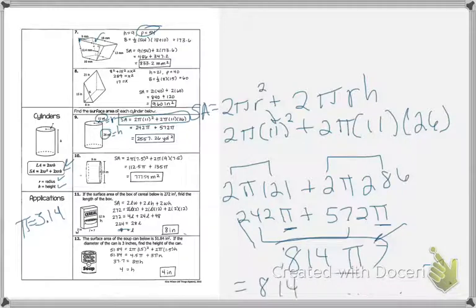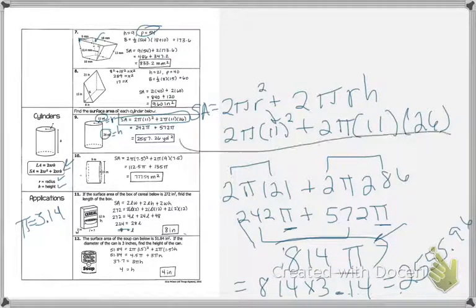So it's 814 times 3.14. And that's why my answer differed. The answer should be 2,555.96 if you used mine. Notice how those two are slightly different.